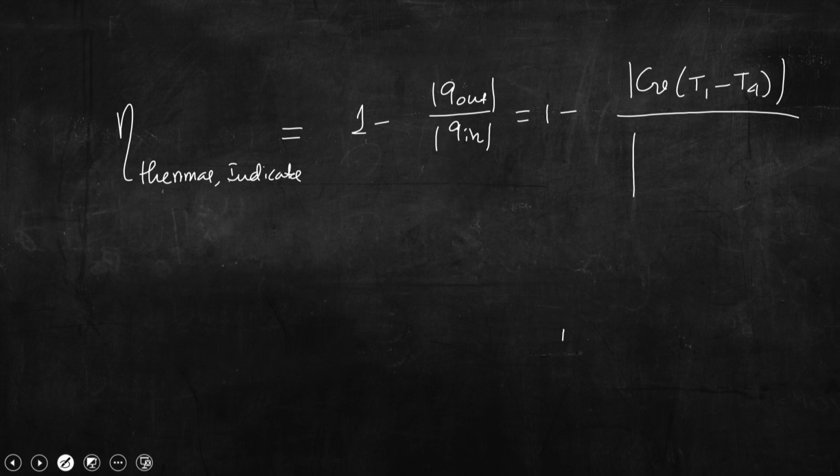Q in is Cp into T3 minus T2. It is this constant pressure, so this is basically constant pressure heat addition.